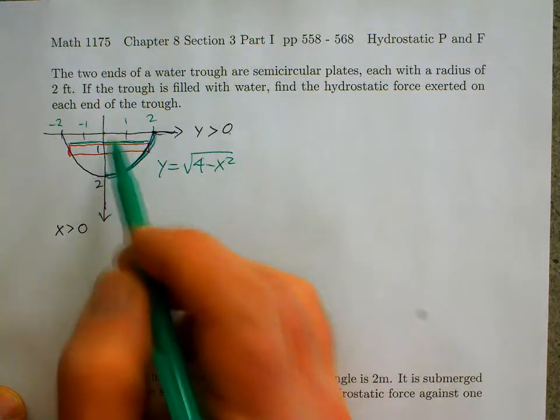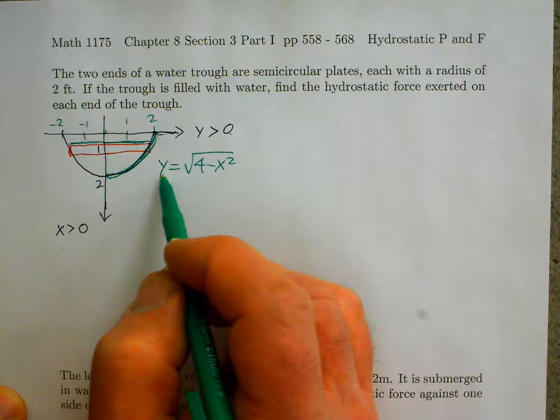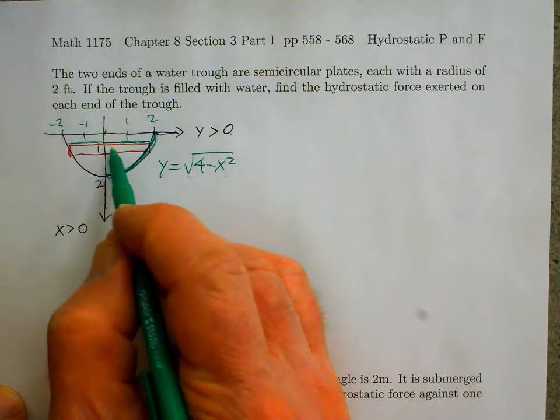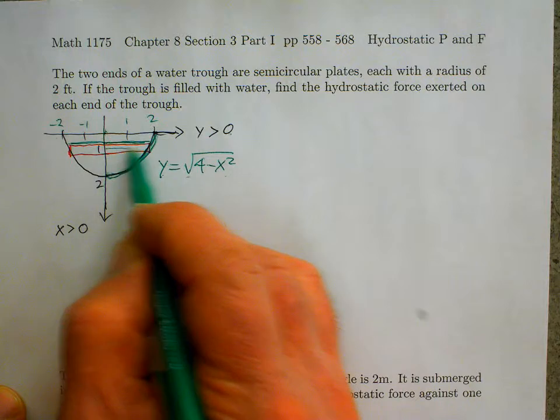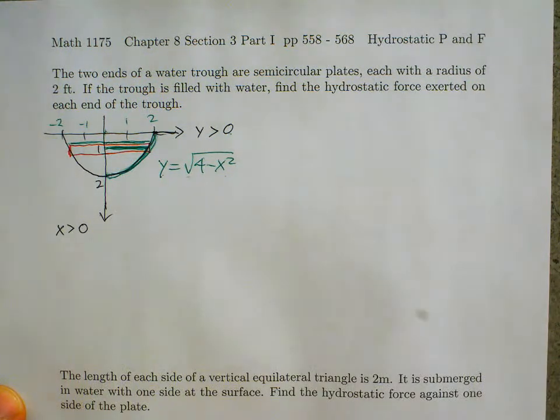And so for a value of x between 0 and 2, this function gives us 1/2 the length of the rectangle. You see that?